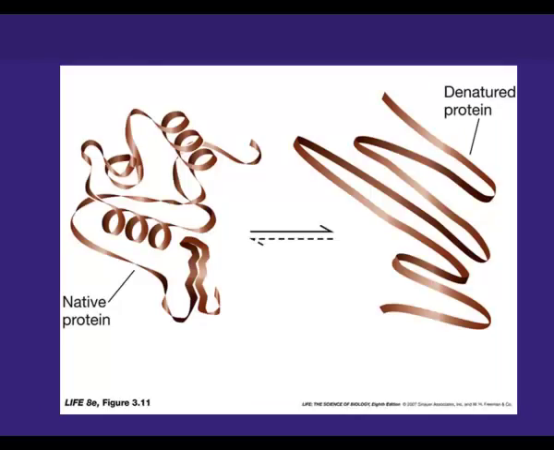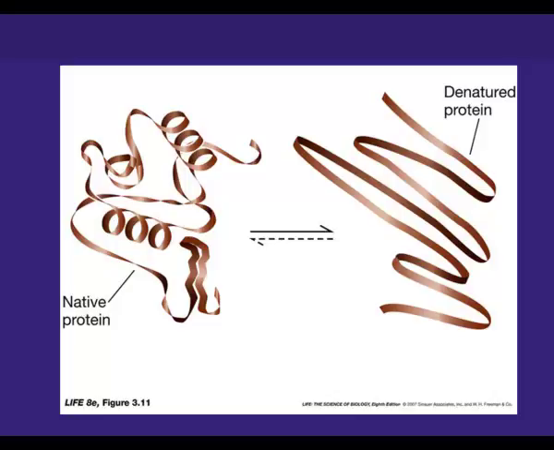Sometimes a protein that is folded can actually lose its shape. And this is what's referred to as denaturation. So this diagram is showing a properly folded native protein on the left-hand side of the screen and the unfolded or denatured protein on the right-hand side of the screen. And what you'll notice about this is that the amino acid chain is still intact.